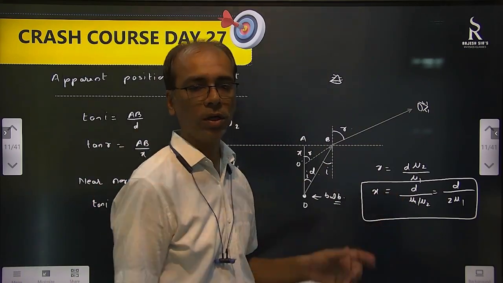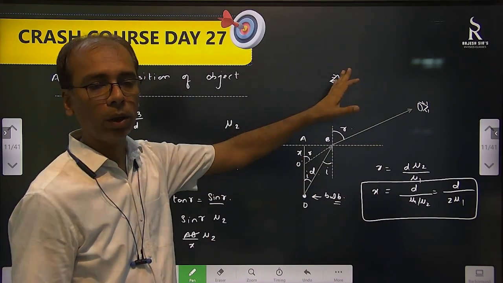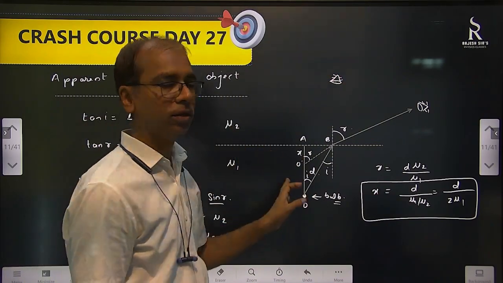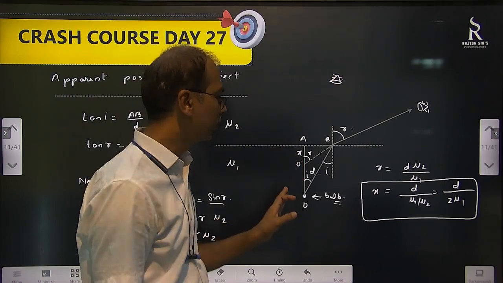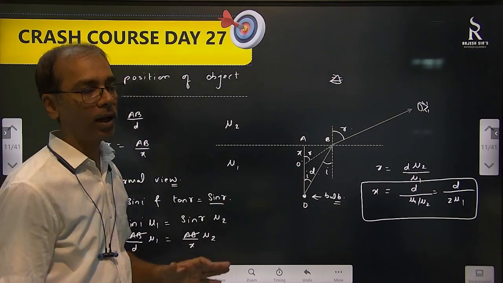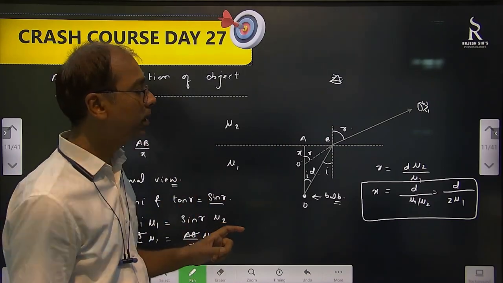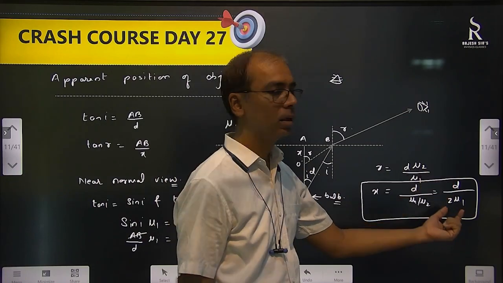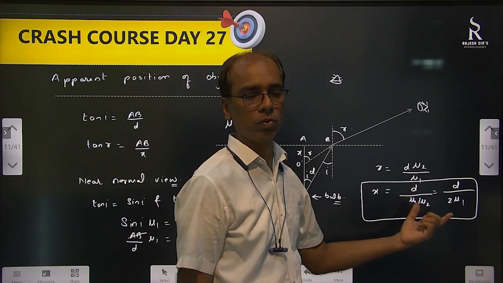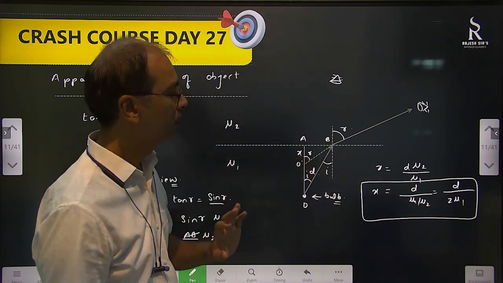What is mu2? The refractive index of the medium where the ray is going. Mu1 means the refractive index of the medium from which the ray is coming. So whether you are doing it for apparent height or apparent depth, everywhere you can use this formula. It will help you in getting the apparent position.